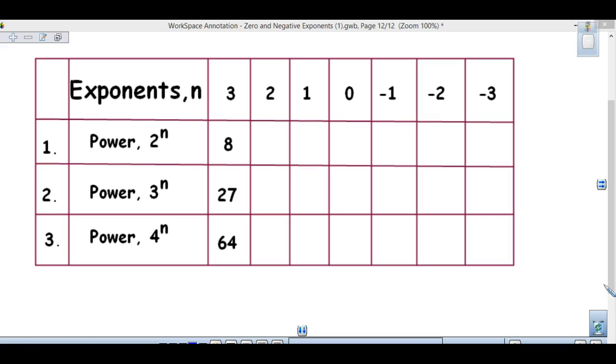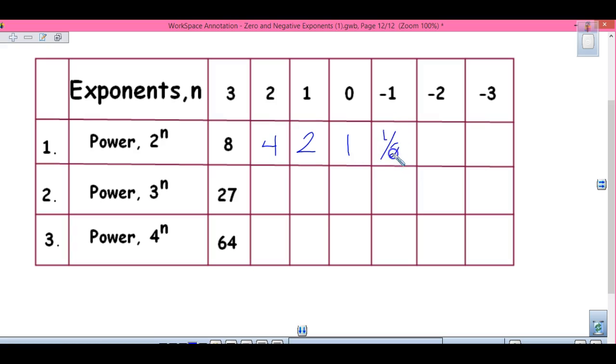So we're taking 2 to the 3rd power, we get 8. 2 to the 2nd power is 4. 2 to the 1st power? 2 to the 0? 2 to the negative 1. Hey, now we're talking 1/2. 1/4 and 1/8. Very good.